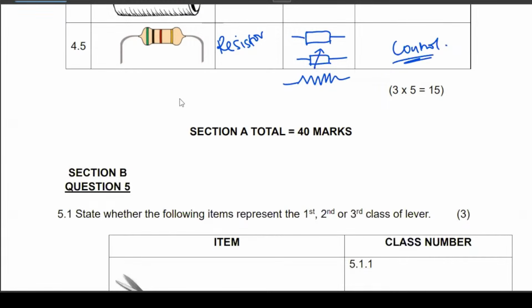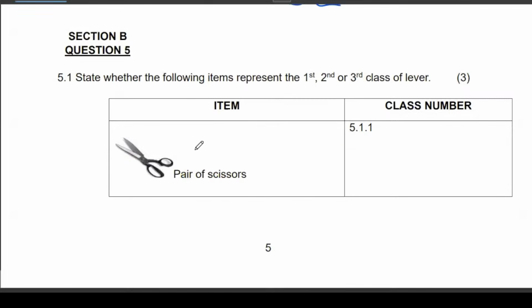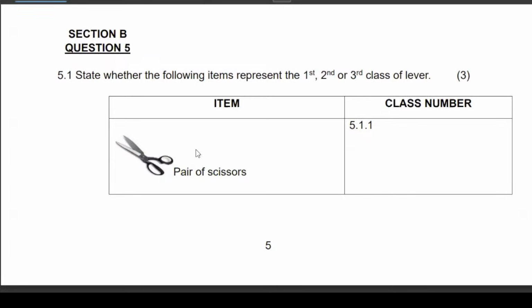Now section B, question number 5, state whether the following items represent the first, second, or third class lever, okay? A pair of scissors. With the scissors, we know that the midpoint represents the fulcrum. The load is going to be somewhere there, and then the effort must be here.